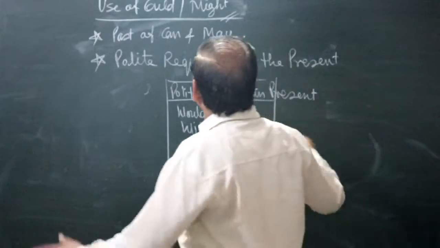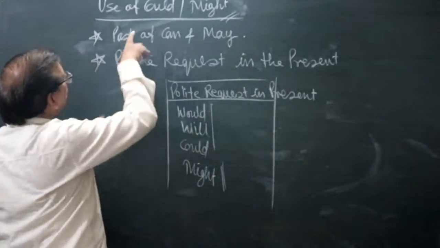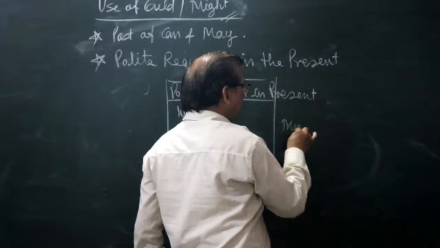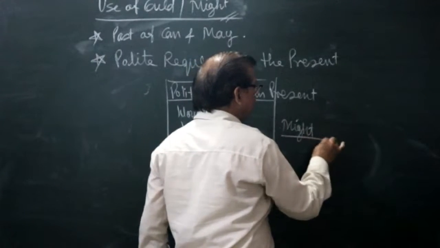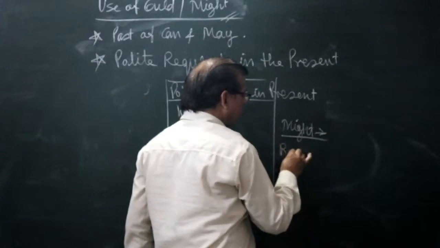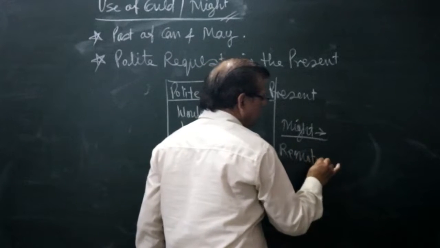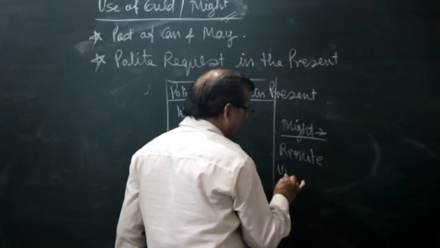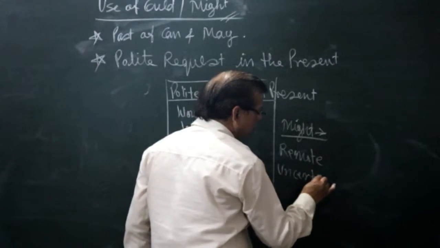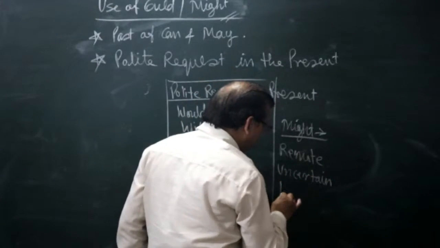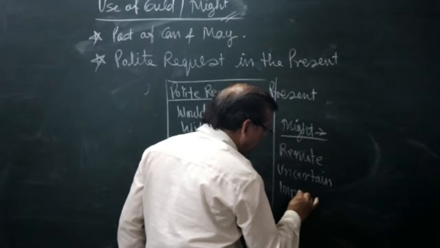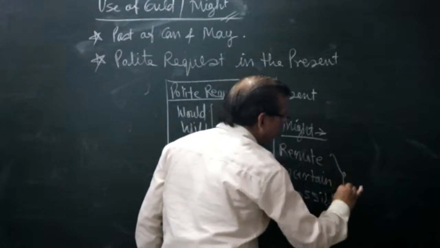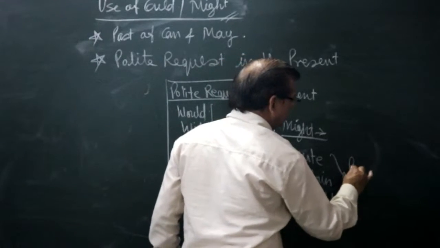And the third use of might, not of could: remote possibility. Might is also used for remote or uncertain or impossible possibility.